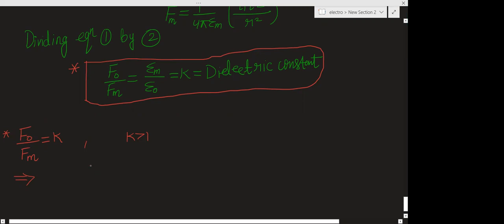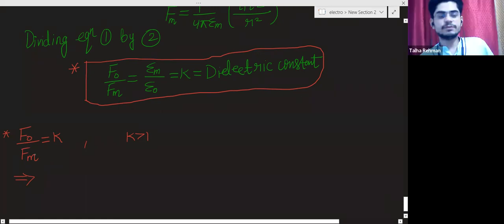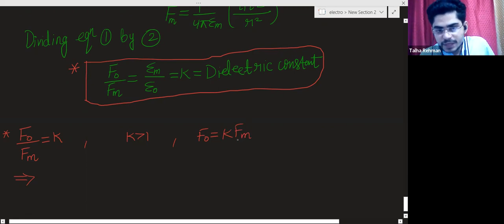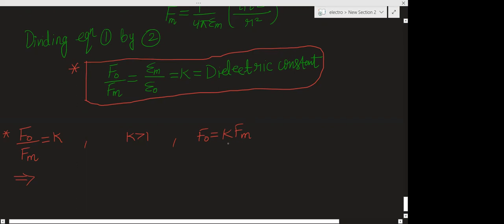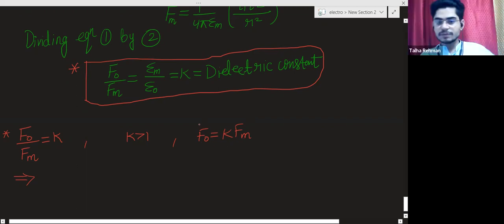F naught will be greater. Why? Because when we write F naught equals K into Fm, we are multiplying by something which is greater than 1. So it means that this will become more.